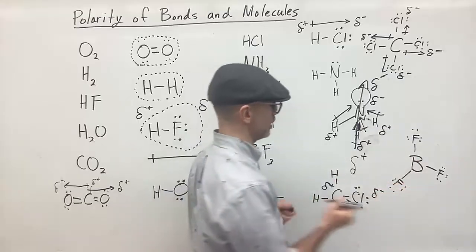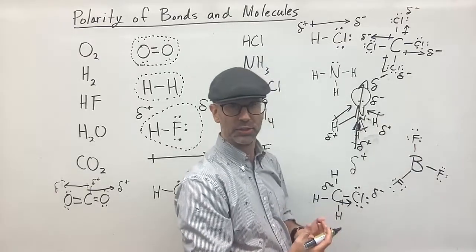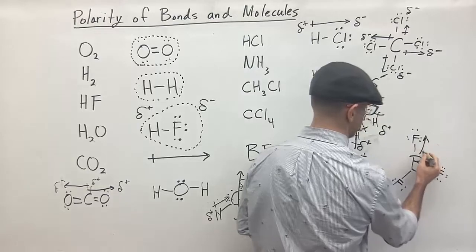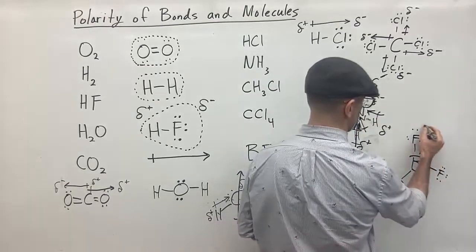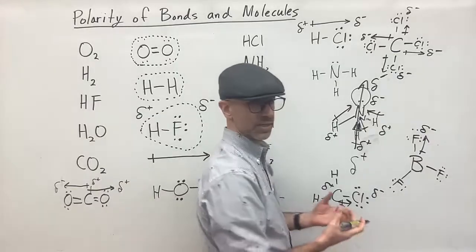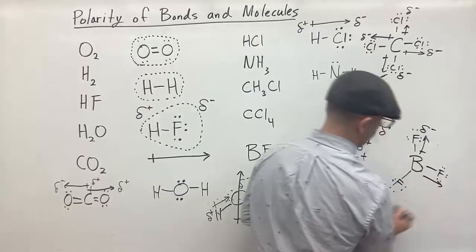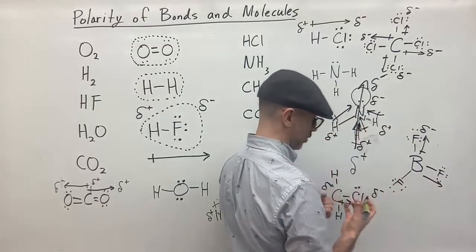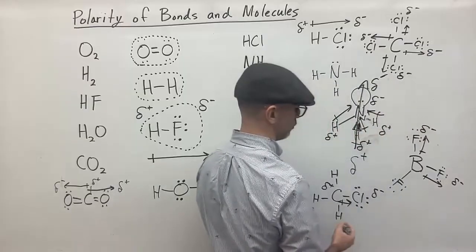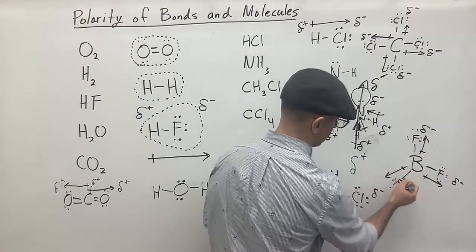And so now you can kind of see that because fluorine is more electronegative than boron, it's going to pull the electron density towards it away from the boron, giving the fluorine a partial negative charge because electrons are negative. And then this one, fluorine is pulling the electrons more towards it, so that's going to be a partial negative. And the same thing with this fluorine too.